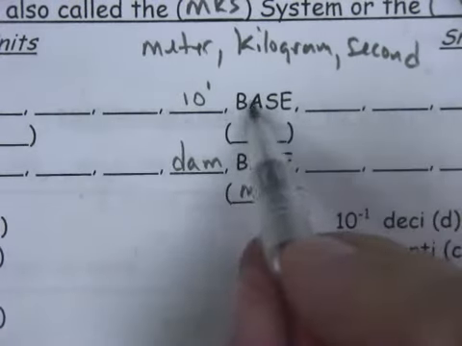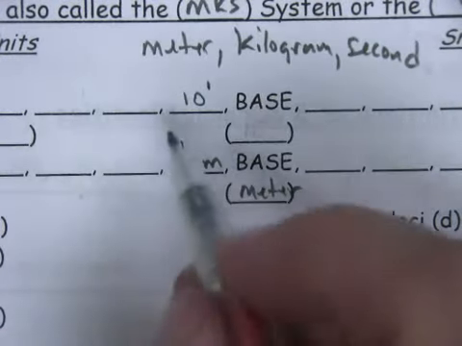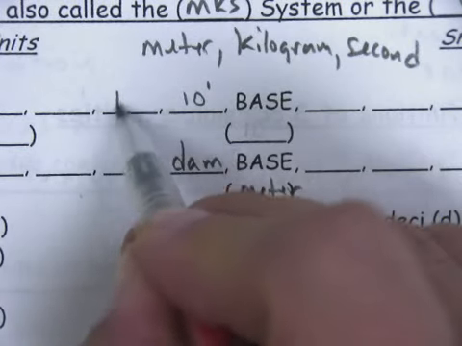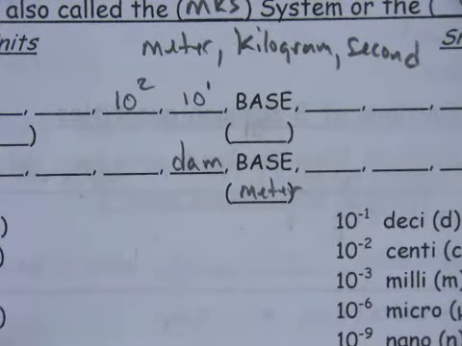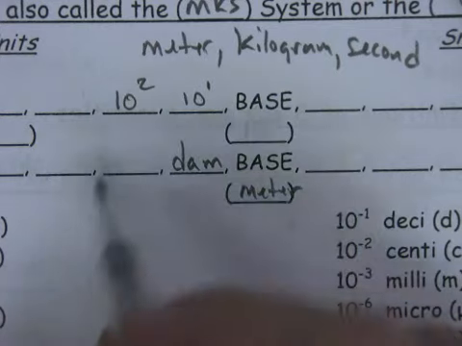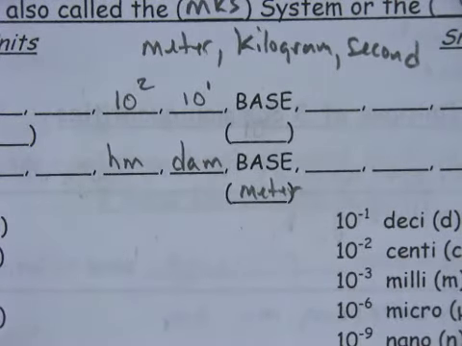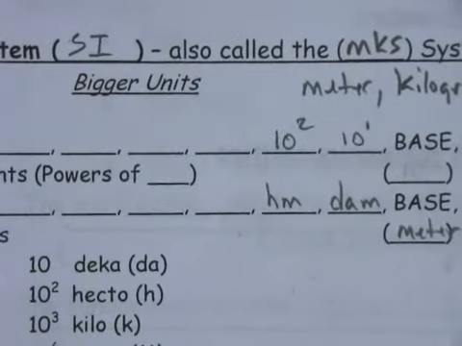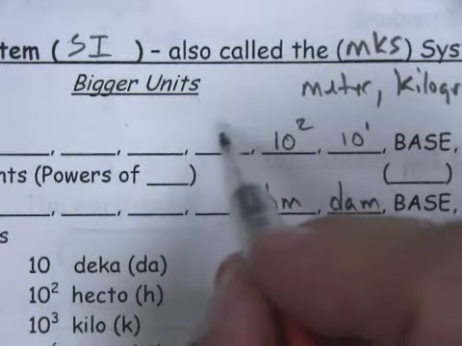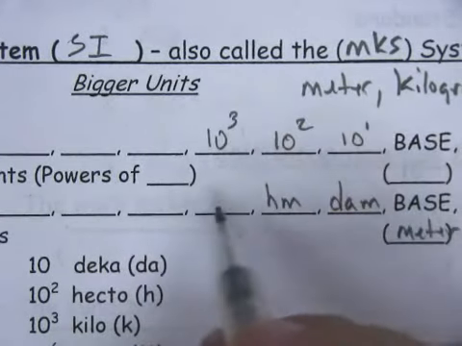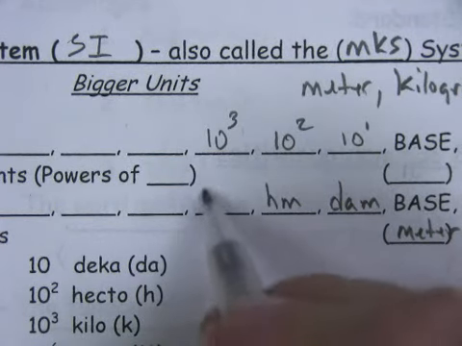If I take the base and multiply it by not 10, but by 100, and you should know that 10 squared is 100, then we get a hecta. The abbreviation would be hm, hectometer. Then we can just keep climbing out. 10 cubed is 1,000, and hopefully you are familiar with that one.